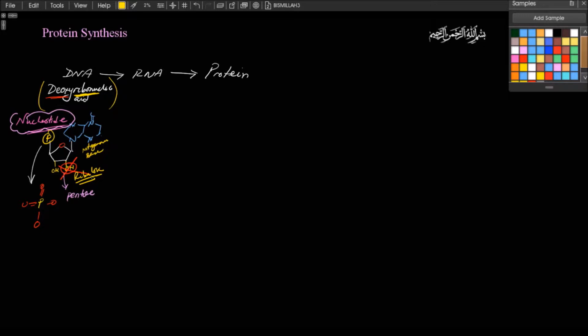RNA, on the other hand, has ribonucleic acid. In other words, the sugar in RNA will be like this. It'll have a hydroxyl group over here, and it will have a hydroxyl group over here, OH, of course, being the hydroxyl group. So that's the difference between the DNA and RNA molecule in terms of nucleotide.